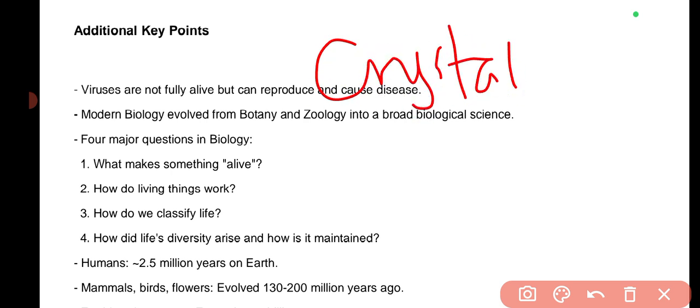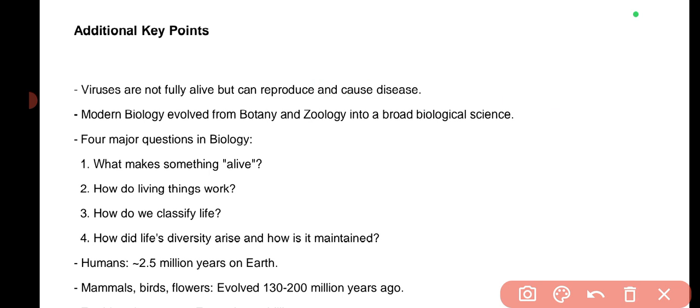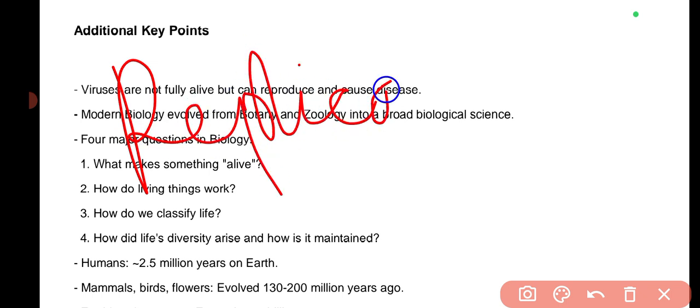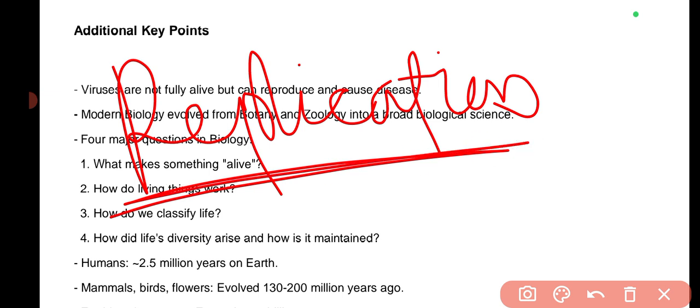But inside the living cell, they can harness the living material, the genetic material of that organism, and begin to replicate. By and large, the only characteristic of a living thing that they perform is replication or reproduction.